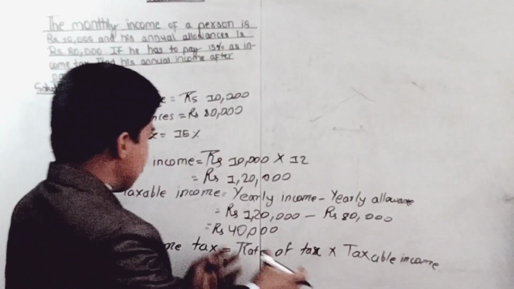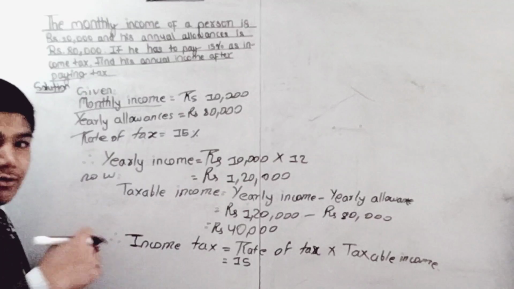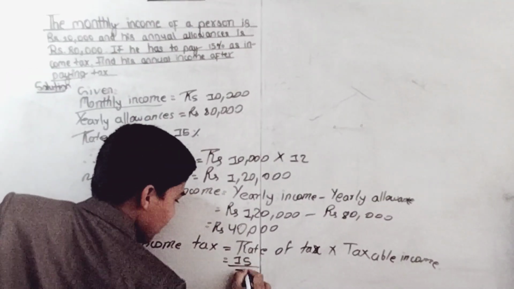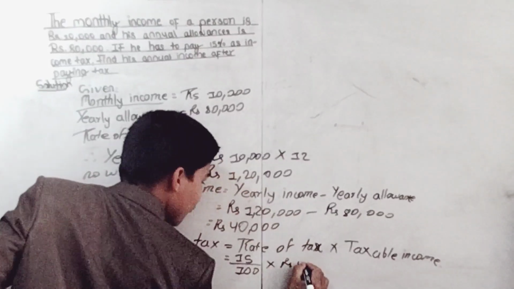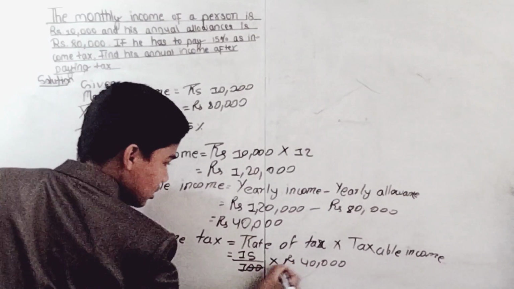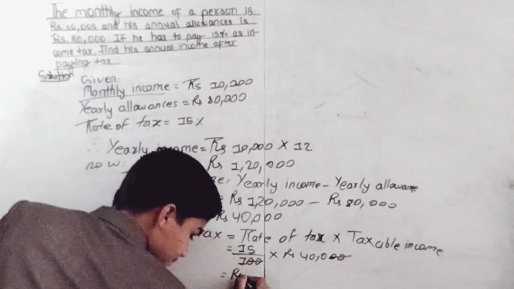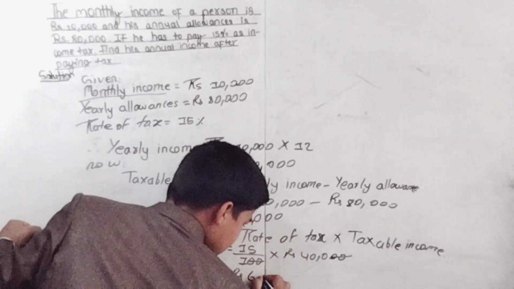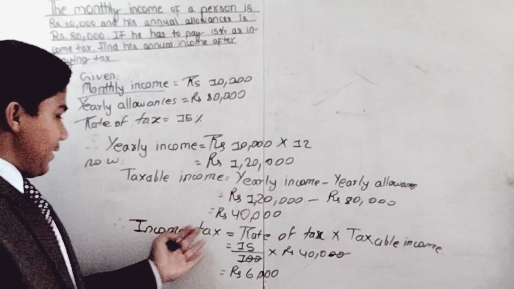Our rate of tax is 15%, so this percent will go down by being divided by 100, into our taxable income, which is rupees 40,000. Now when we divide this, we will get rupees 6,000. So this is our income tax.